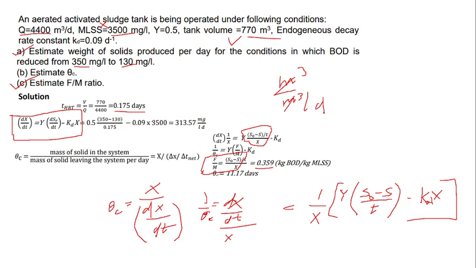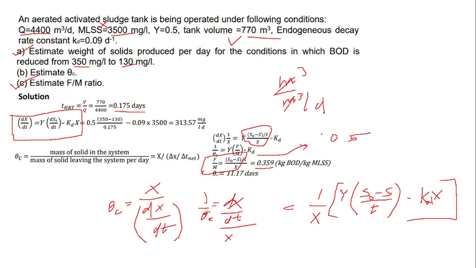Now the only thing left out is the theta C. You know 1 by theta C is equal to Y into F by M minus Kd. So substitute the value 0.359 here. Y is equal to 0.5, already given in the question.